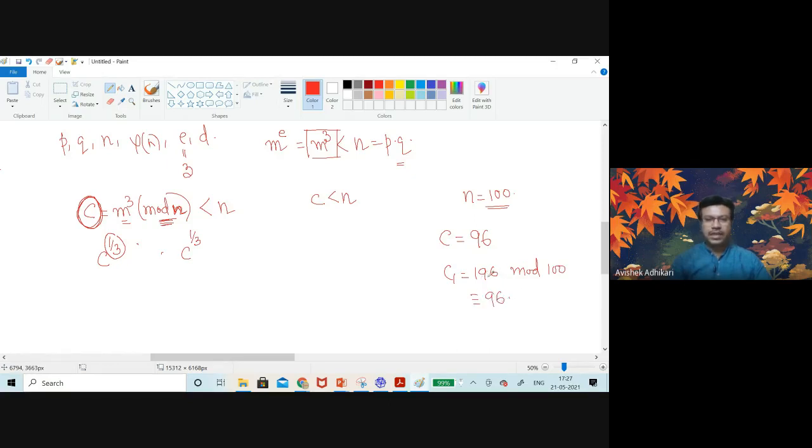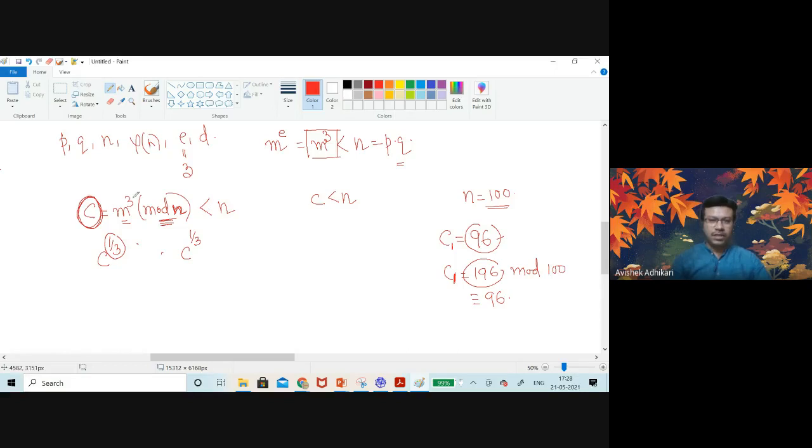So in that case, whether your C1 is 96 or 196, you will have a confusion. You may not be able to judge whether your C1 is 96 or 196, because in modulo n, both of them are the same.